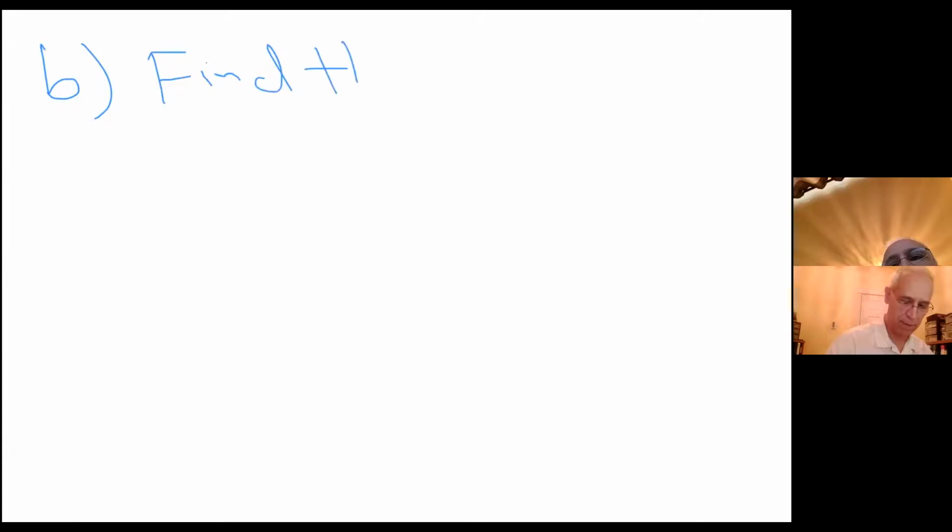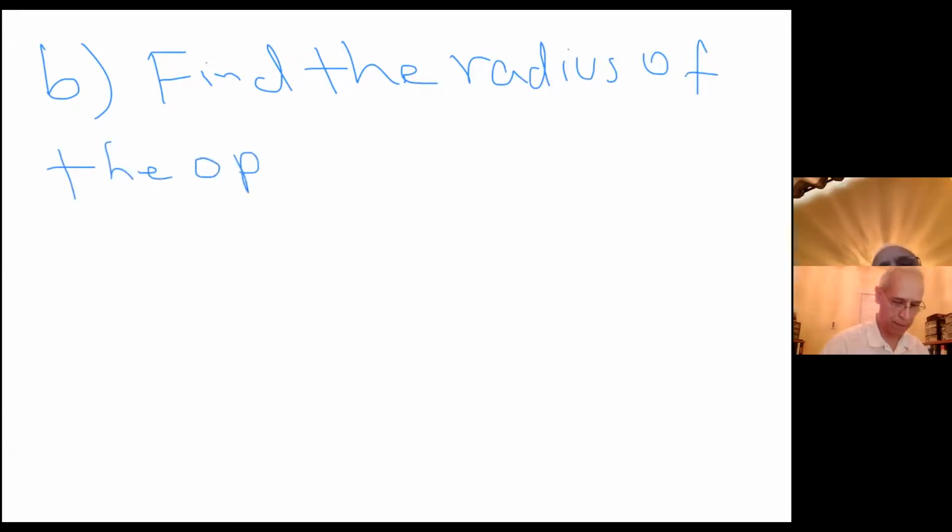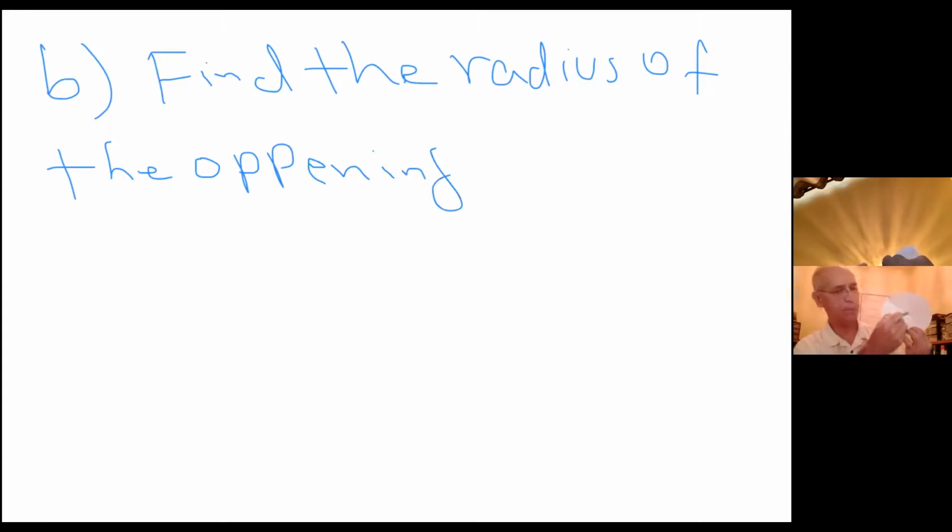Part B of this question is asking, find the radius of the opening. So from the center, I'm looking for the radius. This is the opening, and so I'm looking for the radius of that. We know that the circumference of any circle is 2 pi r.